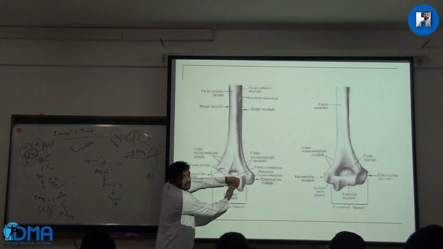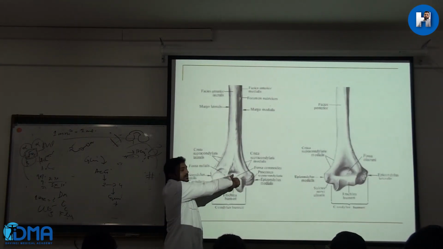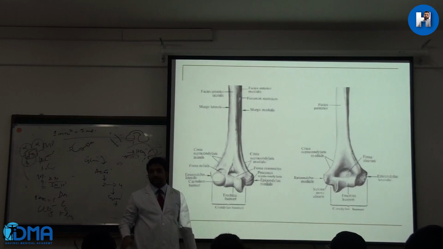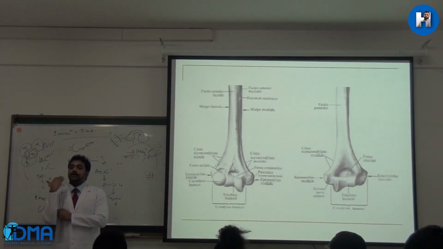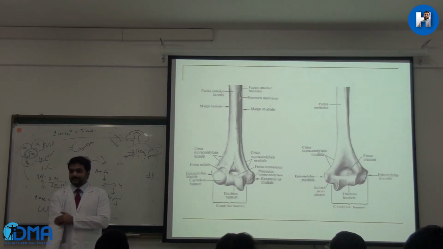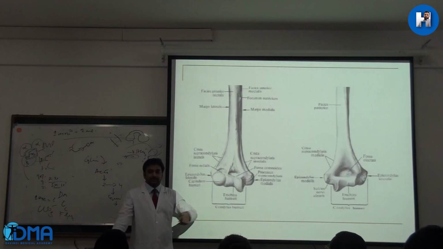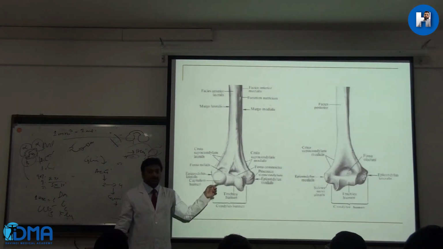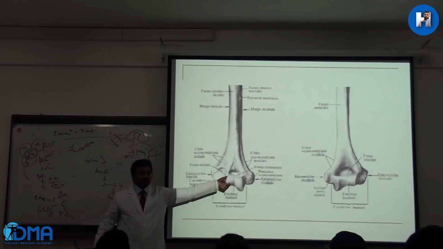So once you are flexing, this coronoid process will come and attach over here. It gives quite a good configuration for our movement, flexion and extension. Because it comes and attaches properly over here, at this level you cannot move it laterally because they are fixed properly.